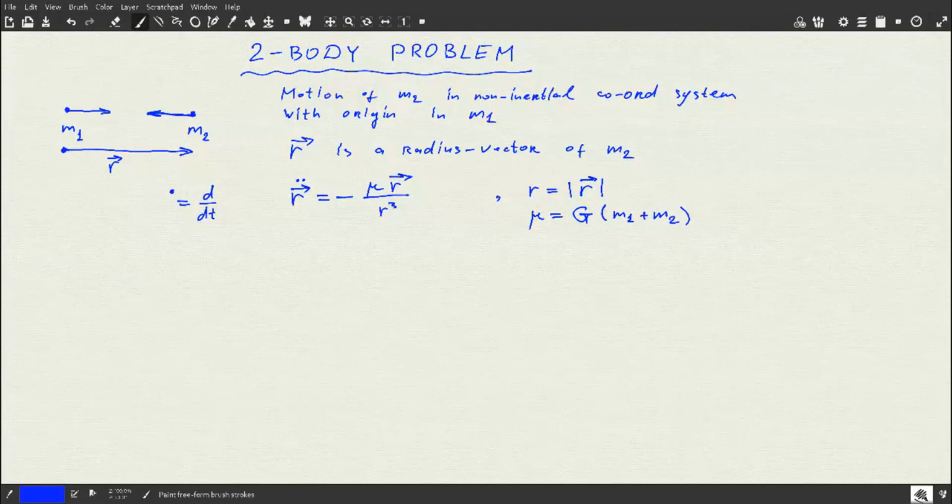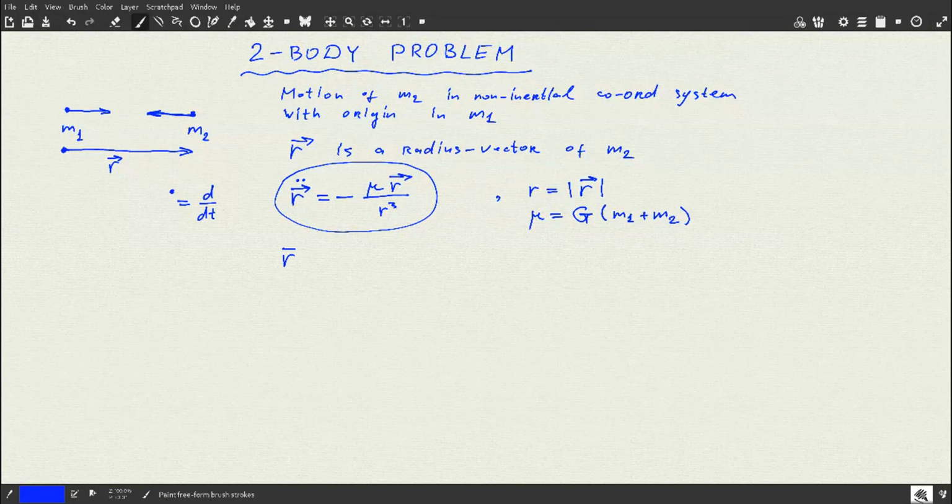Okay, so now we need to study this equation. It is already a much simpler equation than the separate equations for radius vectors of m1 and m2 in the inertial system, which we got originally. So let us do further simplifications. Let us multiply this equation by r itself, on the left-hand side and the right-hand side.